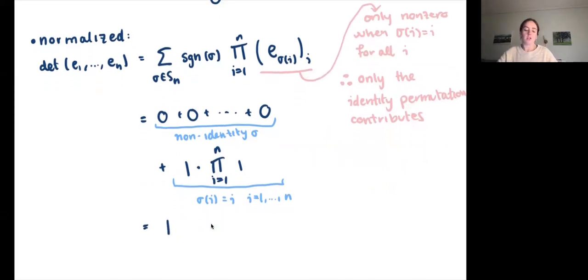Okay, so let me draw a picture for this because I think that might be useful. We're filling a matrix with the standard basis, so we get a matrix with ones on the diagonal like this.